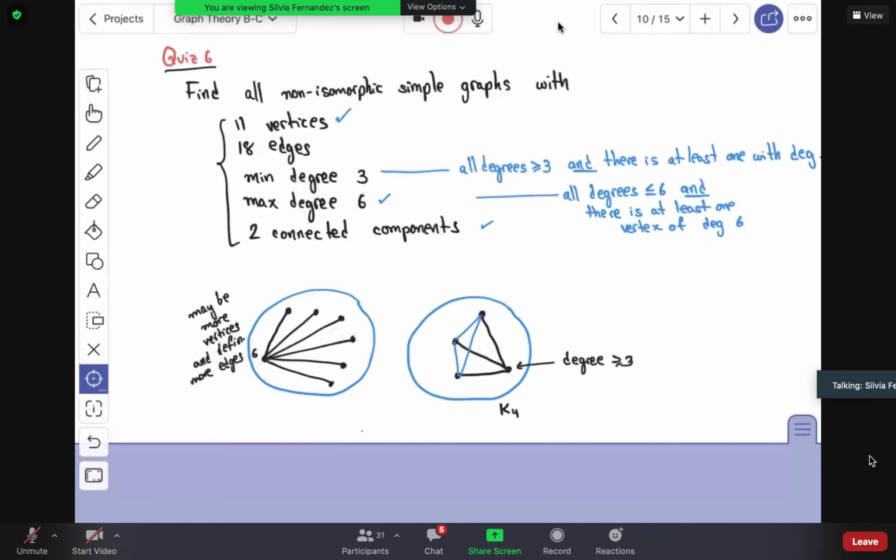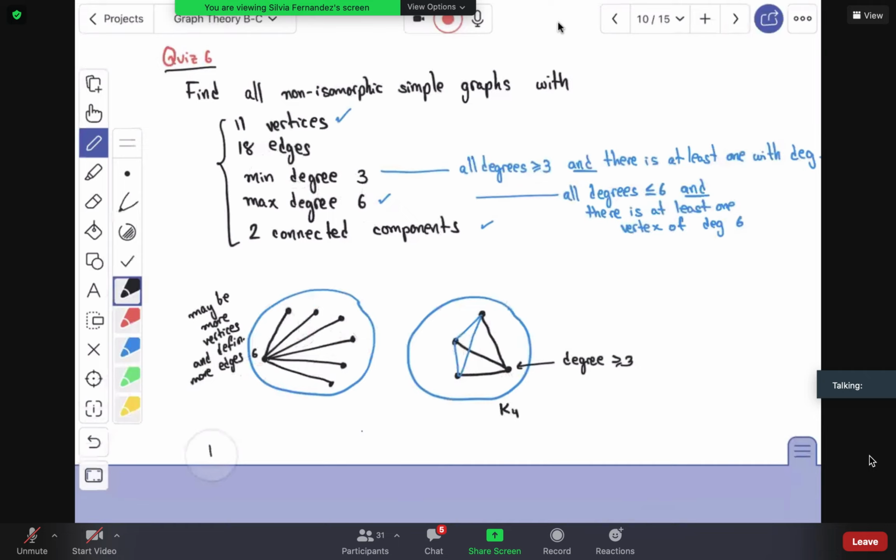And we haven't used the number of edges. So let's see how many edges we have so far. 1, 2, 3, 4, 5, 6. 1, 2, 3, 4, 5, 6. So I have 12 edges so far. But we need 18, right?